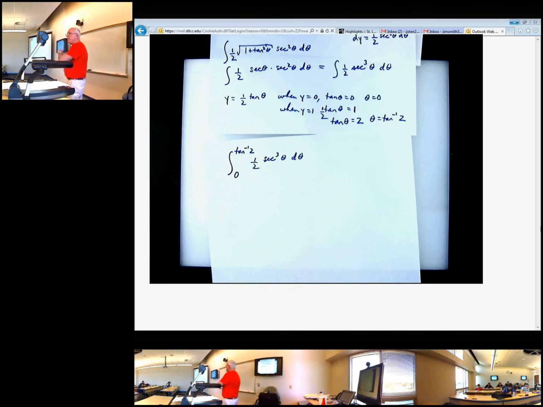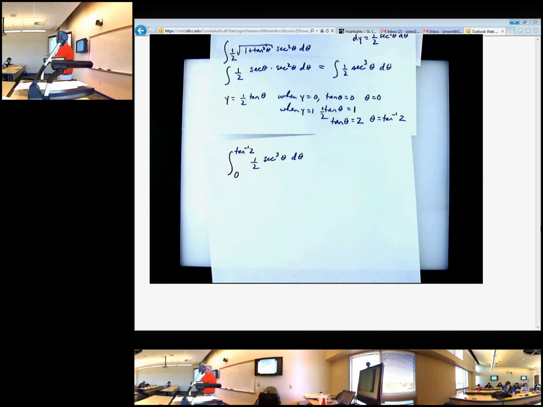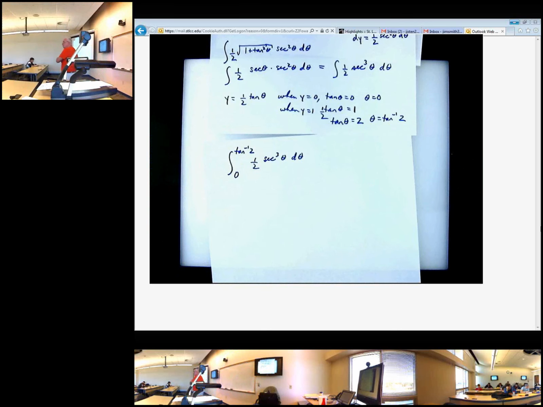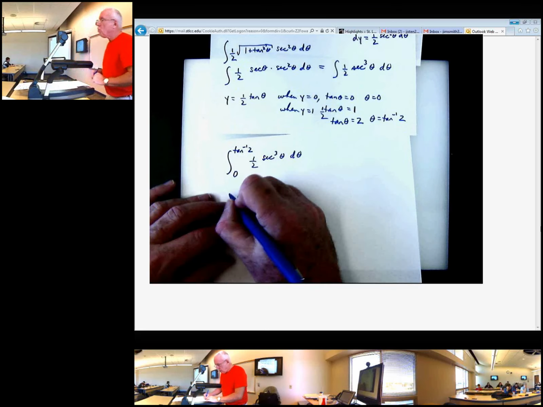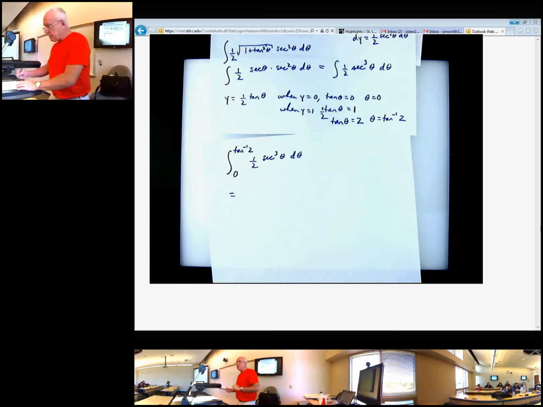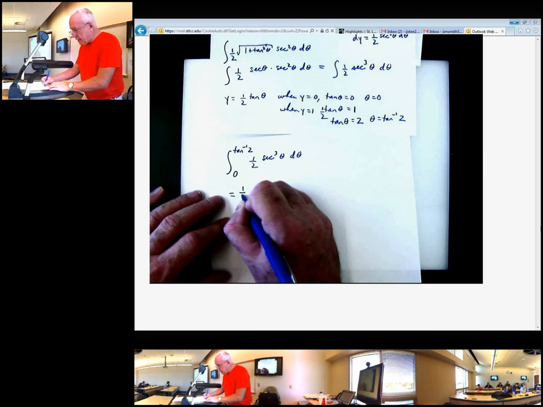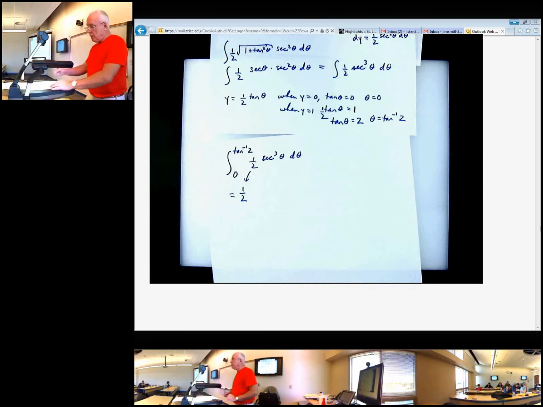Now, I don't expect you guys to remember the antiderivative of the secant cubed. We did do it as an exercise in class, but it's certainly not something I expect to be on the tip of your tongue. So this is the antiderivative of this. We certainly want to keep the 1/2 that we have here.